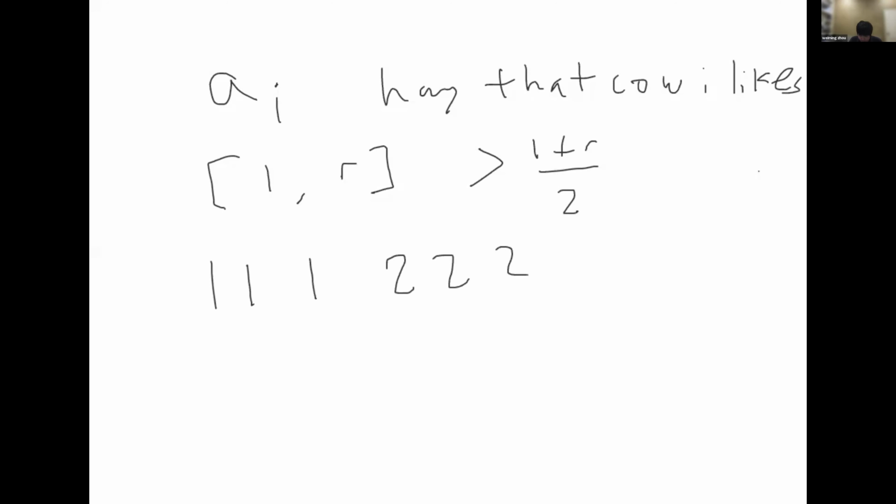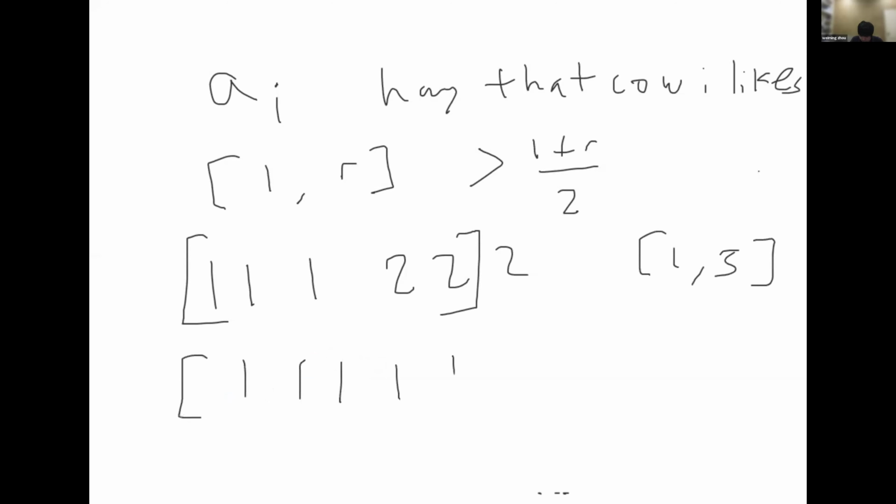In this array, if we select our interval from 1 to 5, we can choose this giant interval here, and we can make all the cows in this range like hay type 1.